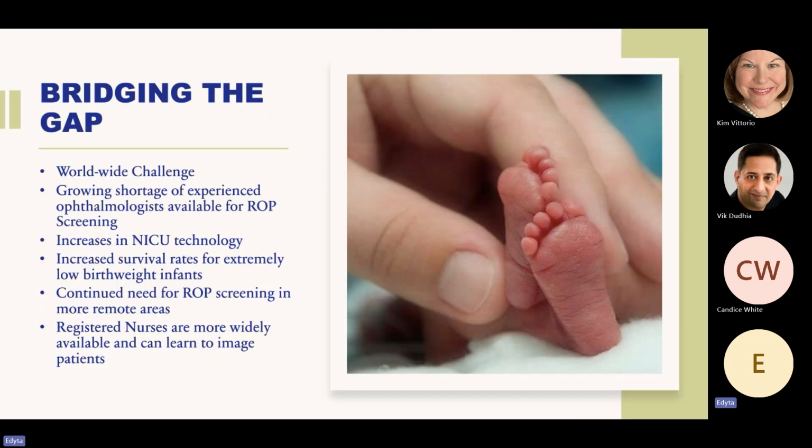As there's a shortage of those ophthalmologists, nurses are available in all these units. And so why not implement these programs where the nurses are the feet on the ground and they're able to provide screening for these patients and send it virtually to screening ophthalmologists, and that way they can cover many, many more babies and help to provide ROP screening in very remote areas.